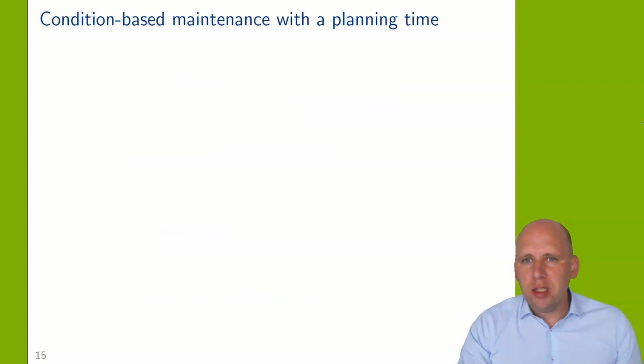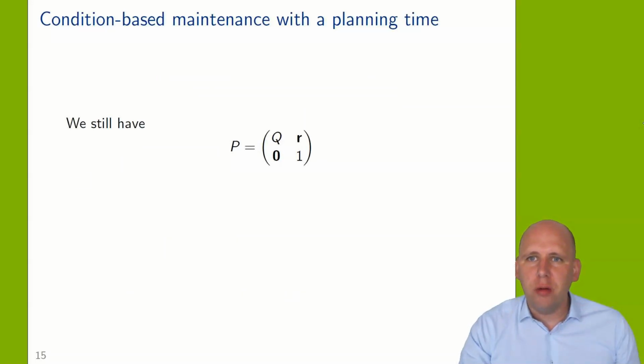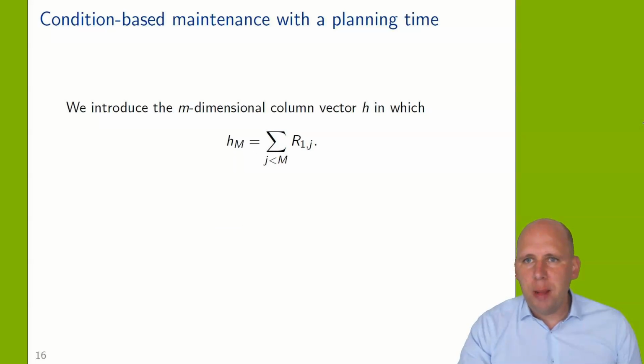So then the analysis for those two versions: we still have our transition matrix P, we also still have our fundamental matrix R, and then we are going to introduce a factor H, and for each M, the expected time until maintenance is planned is given as an element of this factor. In our initial model, this was the time until maintenance.